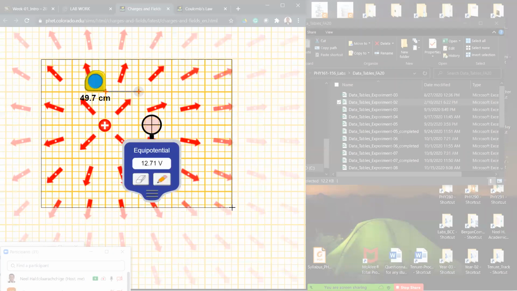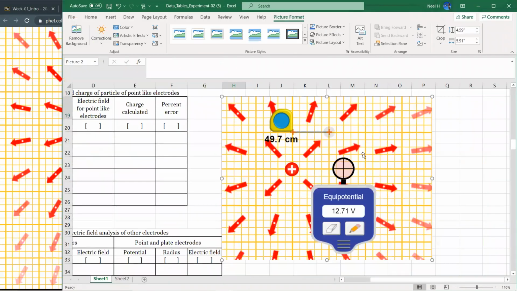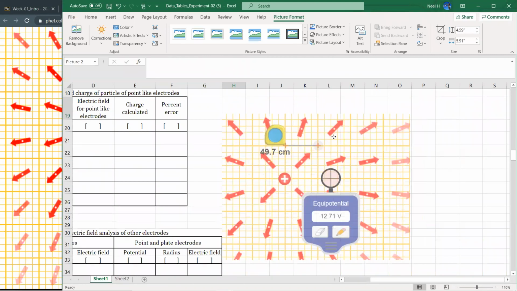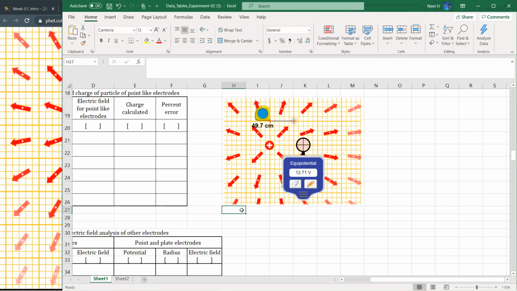I'm going to take a screenshot showing a nice picture of our simulator, which has the one positive electrode, and then I have my tape measure to get an idea about the length, and the voltage measurement.